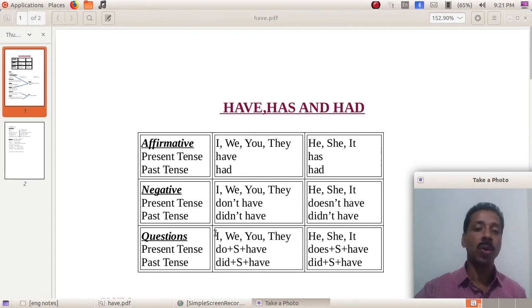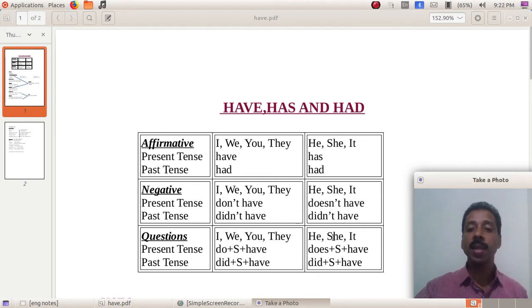And in the case of questions, we know that in any question, the auxiliary verb should come before the subject. So in present tense, along with I, we, you, and they, the question form will be do plus subject, whatever the subject, maybe I, we, you, or they. Do plus subject plus have is to be used.